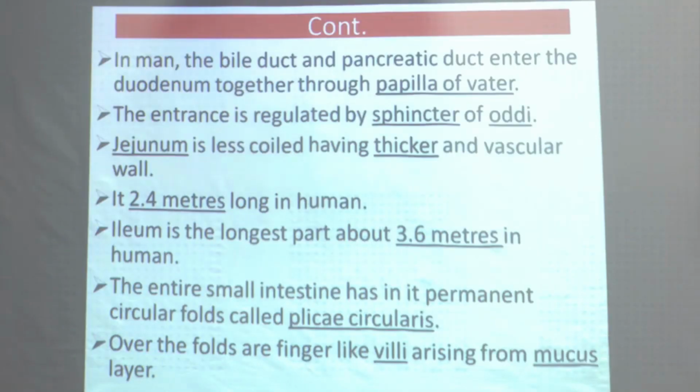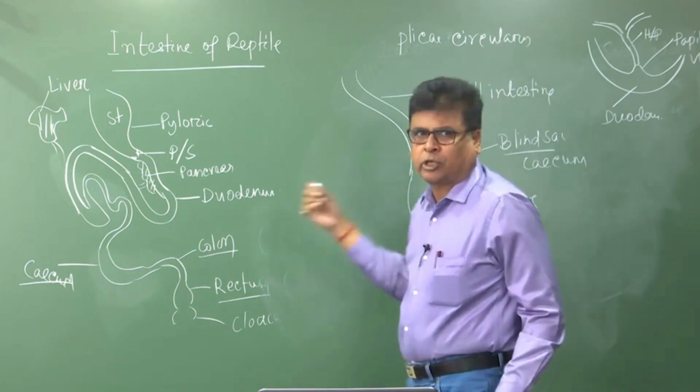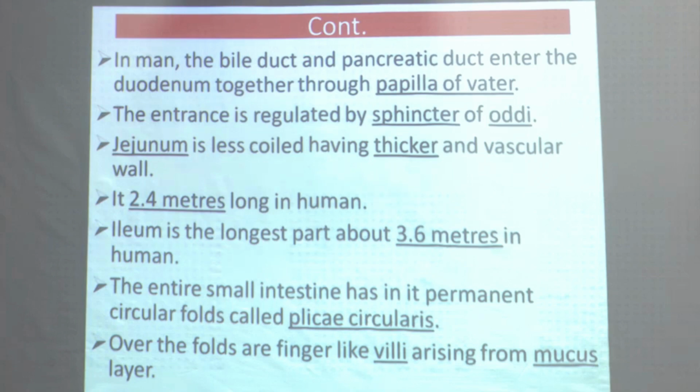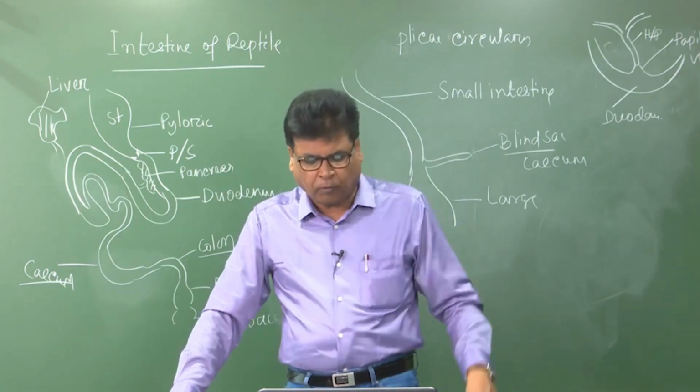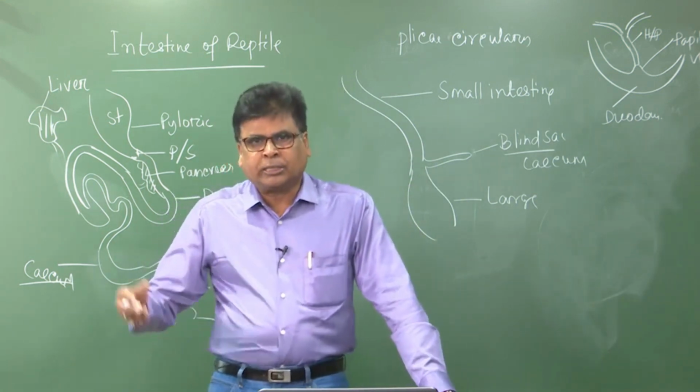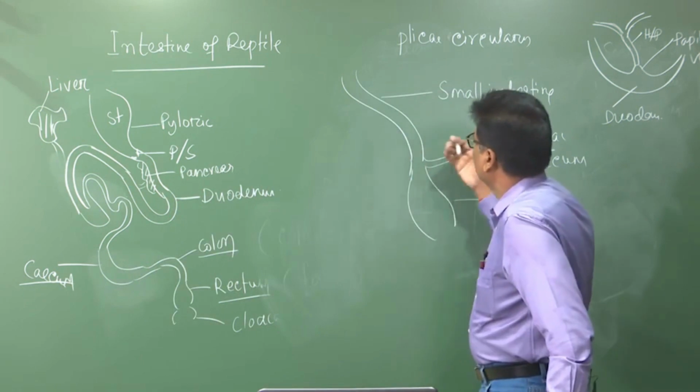This is the characteristic of mammal, and over the folds there are finger-like villi arising from the mucous layer, and mucous glands are present. So, these are some structures of the small intestine.